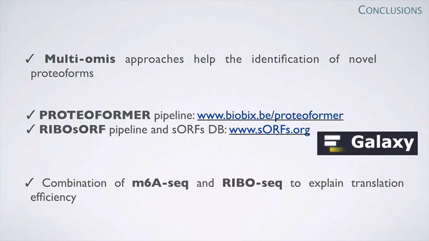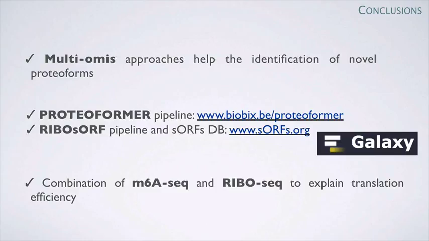To conclude, these multi-omics approaches really help out. It has been proven already with RNA sequencing together with mass spectrometry. It's now also proven with ribosome profiling. Again, we're a bioinformatics lab, so we built pipelines to enable wet lab users to use the tools on their data. We came up with a pipeline to convert ribosome profiling information into something which is queryable in mass spectrometry.